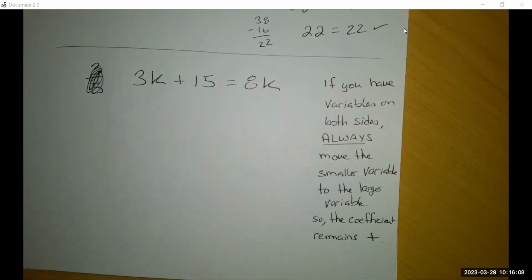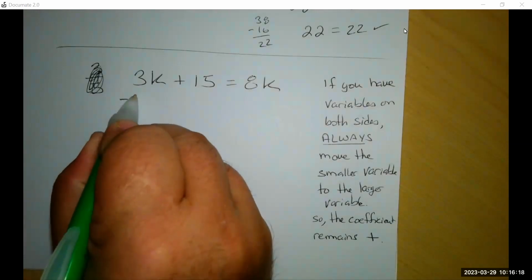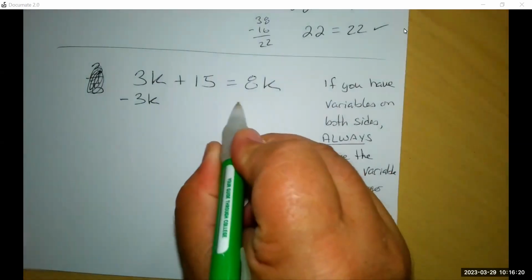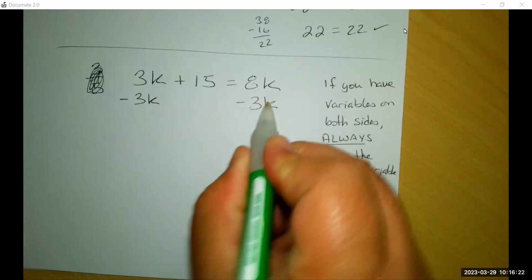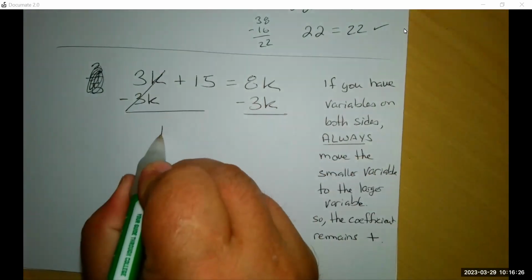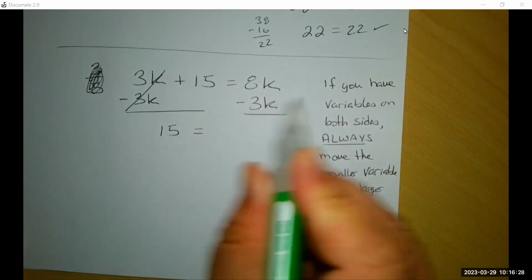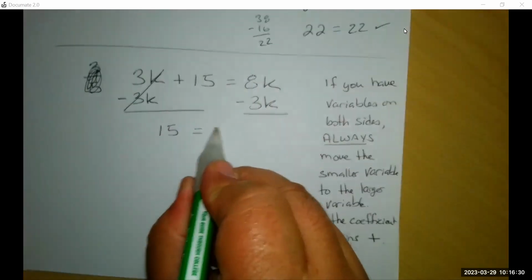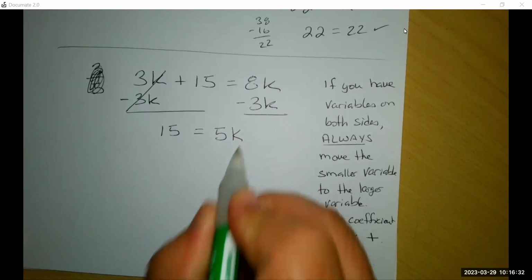So in this equation, which one do I move? The 3K. How? So it's minus 3K on both sides. 3Ks cancel, so I have 15. 8 minus 3 is 5.